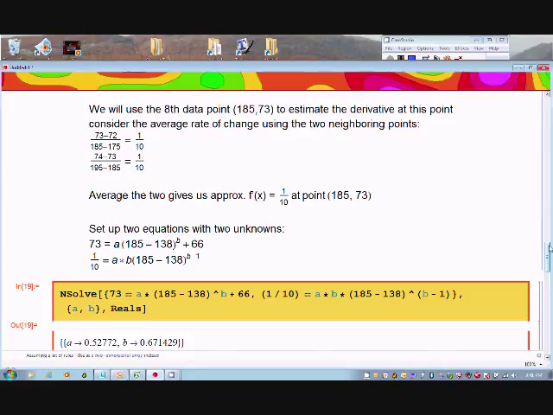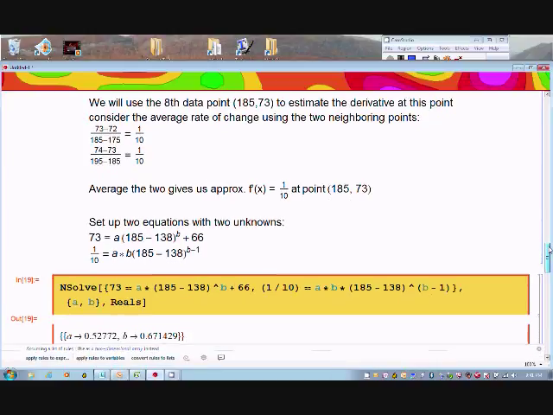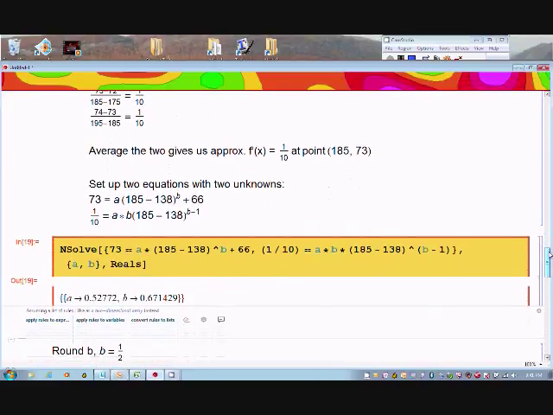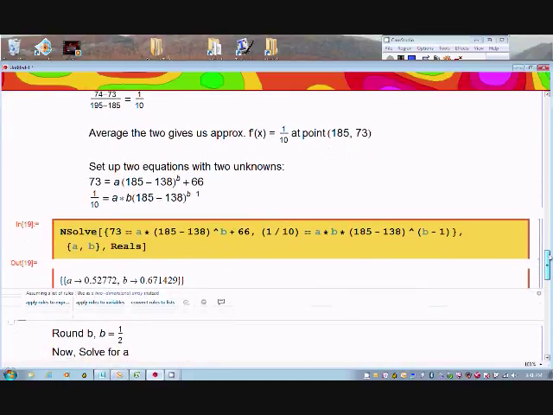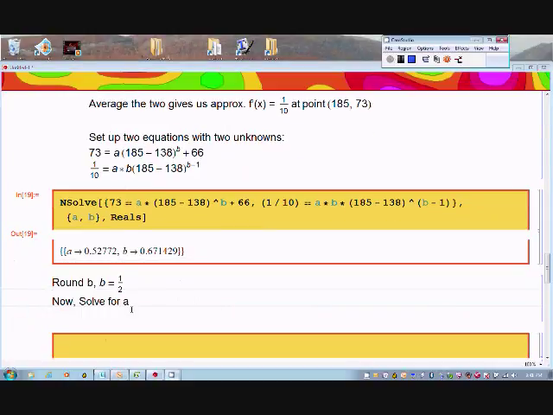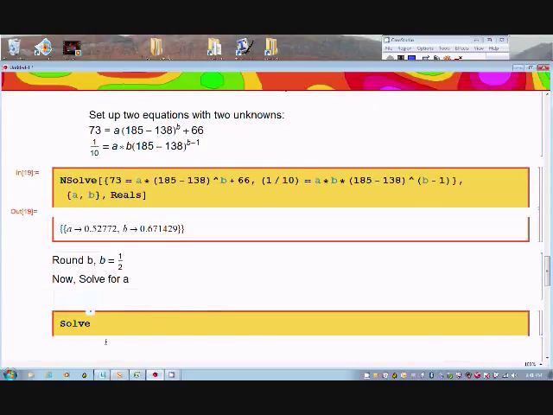So the same as the first one, we have to estimate our b to be 1 over n, where n equals an integer. So we're going to round it. We're going to round b and say b equals 1 over 2. And now we need to backtrack again to solve for a, using that b equals 1/2. So now we solve for a in Mathematica, and we use the Solve command.